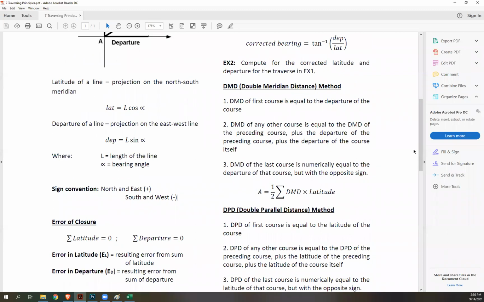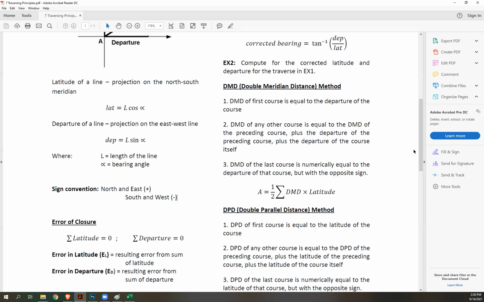DMD is also known as the double meridian distance method. The process involves the following. First, the DMD of the first course is equal to the departure of the course. Next, the DMD of any other course is equal to the DMD of the preceding course plus the departure of the preceding course plus the departure of the course itself. So DMD plus previous departure plus current departure.